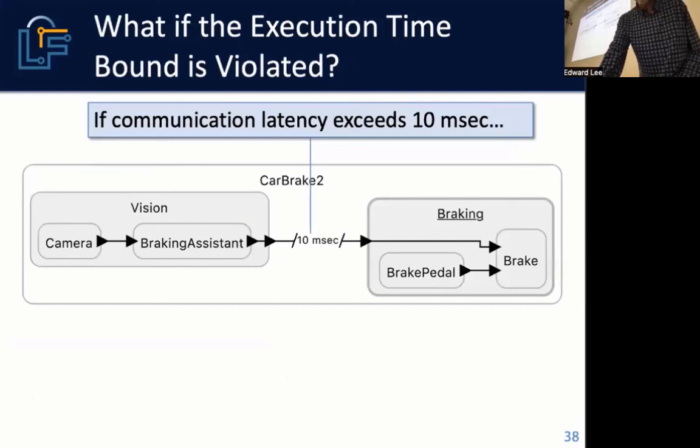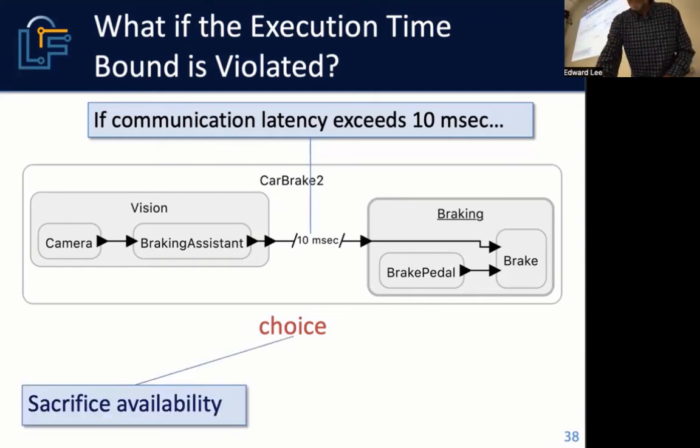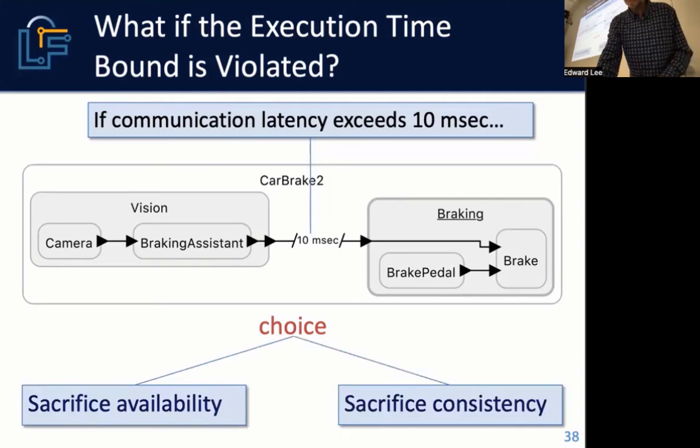So in particular, if the communication latency exceeds 10 milliseconds, then the formula tells you that one or the other of inconsistency or unavailability is going to have to go up. You have to pick one. You get to choose to sacrifice availability or consistency.